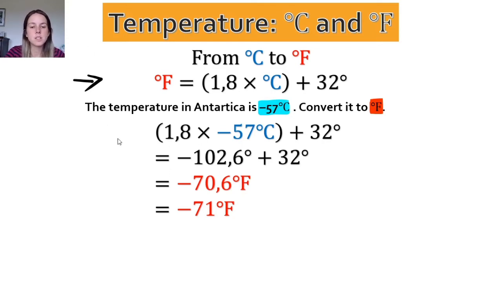Okay, so we are going to substitute the degrees Celsius with negative 57 degrees Celsius.